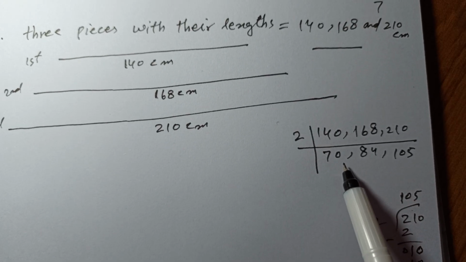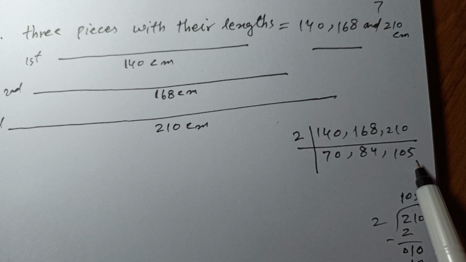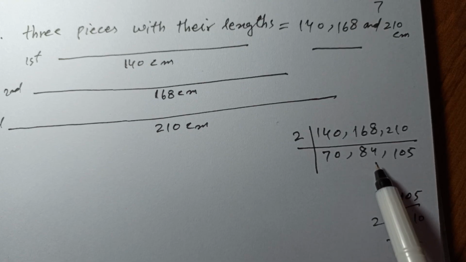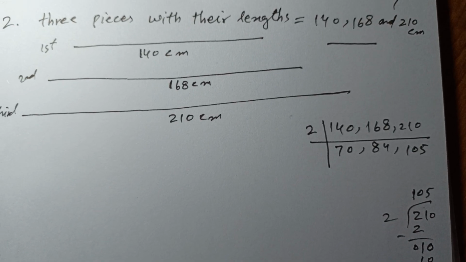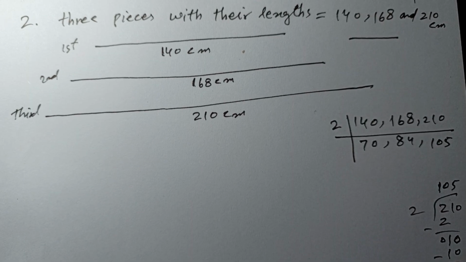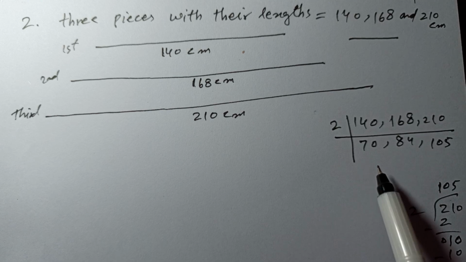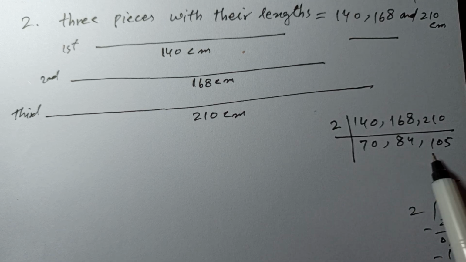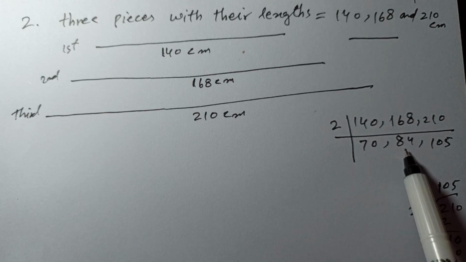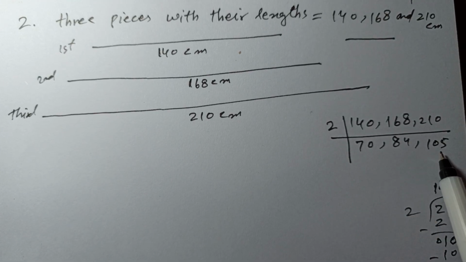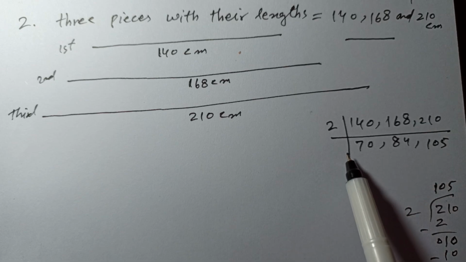Now you will choose a number that can divide all these at the same time. That should be a prime number. Dear student, we will try different prime numbers to get a divisor of all these three numbers. If we divide by 2, 70 can be divided by 2, 84 can also be divided by 2, but 105 can't be divided by 2 because 5 is at the end.